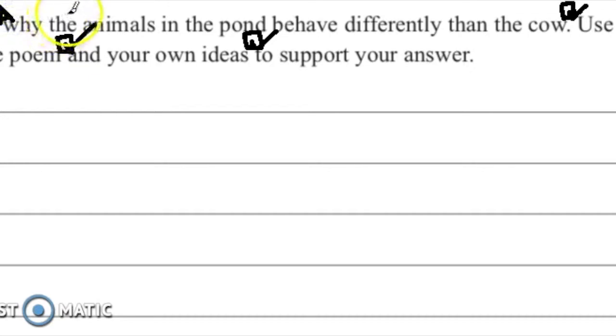We affectionately use the acronym UWQSA. So in the case of this question, explain why the animals in the pond behave differently than the cow, we could utilize the words, the animals behave differently because, in order to start off our answer in an effective, coherent way.